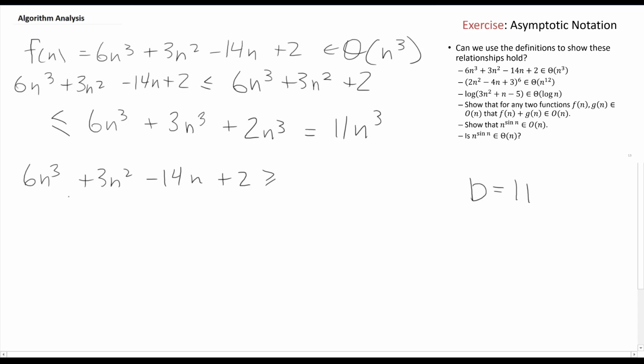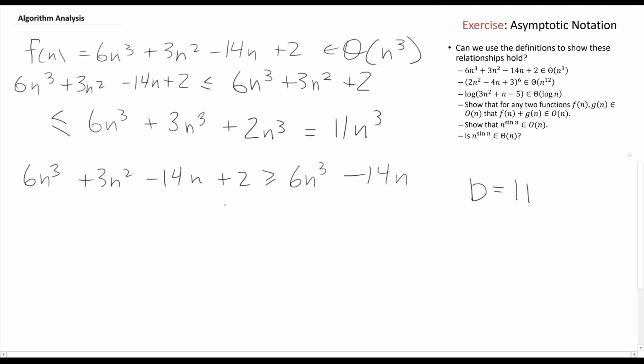The 6n cubed minus 14n gets made bigger by these two terms, so we can actually drop them off. So the first step that we're going to do here is, okay, let's drop them off. We're still going to have our 6n cubed, and we can't get rid of our minus 14n, so that sticks around, but we'll drop off the other two terms.